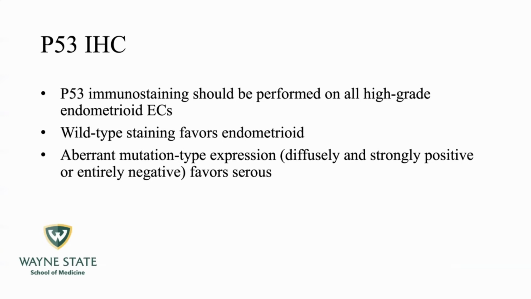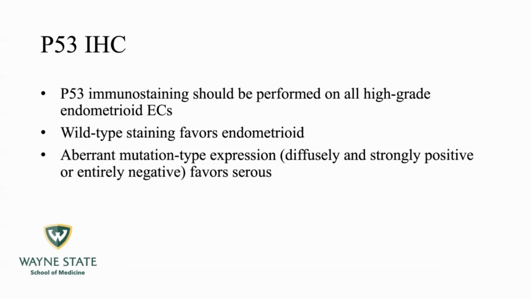We have to differentiate between the wild type and the aberrant expression. So we don't call it positive or negative. We call it wild type. If you have a few positive cells and the rest are negative, we call it wild type. It's very important that your control is working well and the internal control of the slide is working very well.